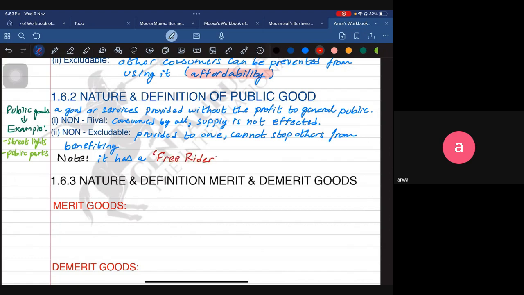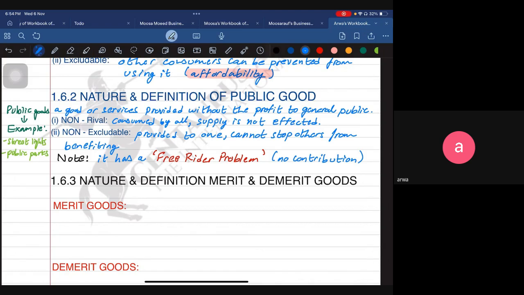Those who have not contributed in any way, directly or indirectly, are still utilizing it. Yes, sir. This is the problem with the private sector.